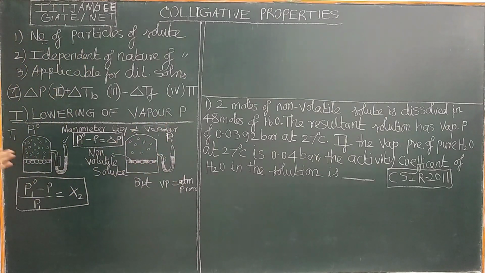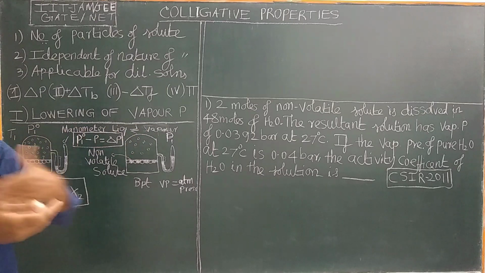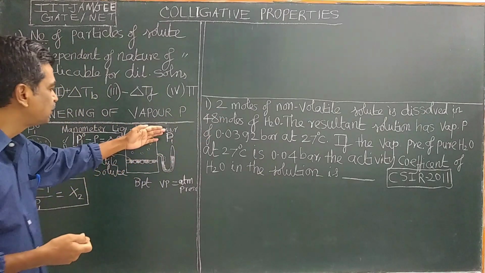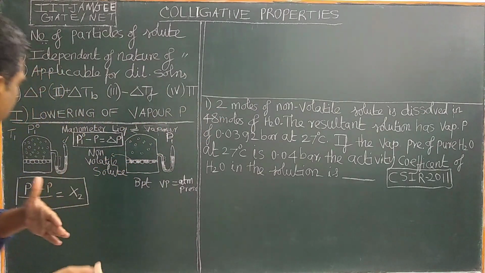And also, suppose you take the vapor away. According to Le Chatelier's principle, what will happen when the equilibrium is disturbed? More water will be evaporated to keep the equilibrium constant. Rate of evaporation is equal to rate of condensation.